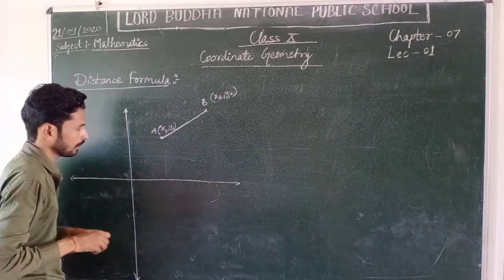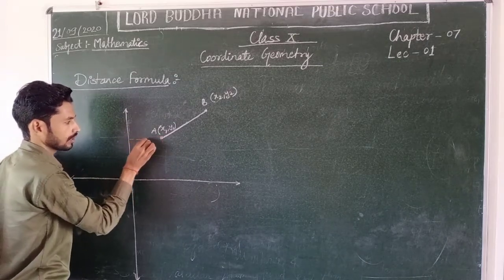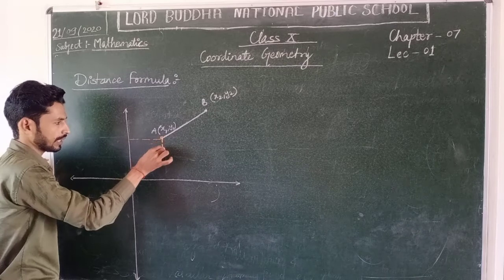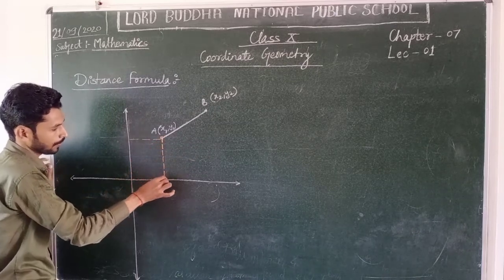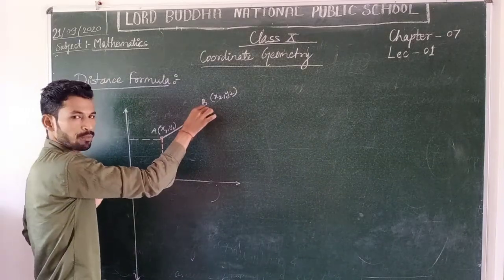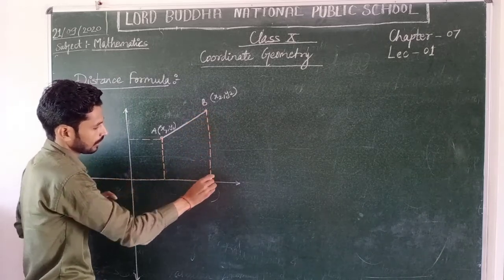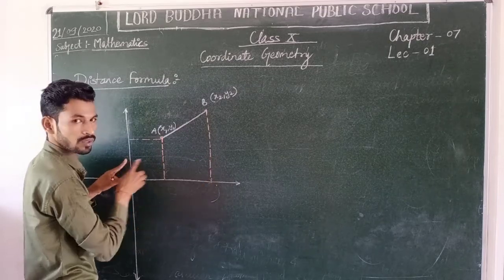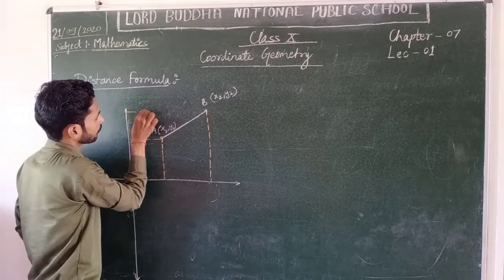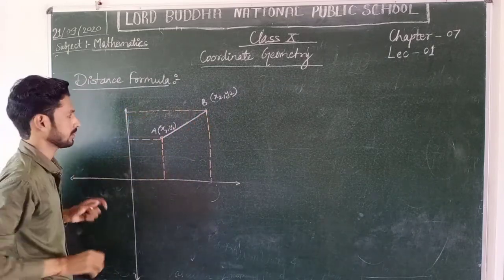Now if we join the line with point A, and project a line on the x-axis parallel to the y-axis, and the same at the point B, draw a line on the x-axis parallel to the y-axis, and next draw a line on the y-axis parallel to the x-axis.